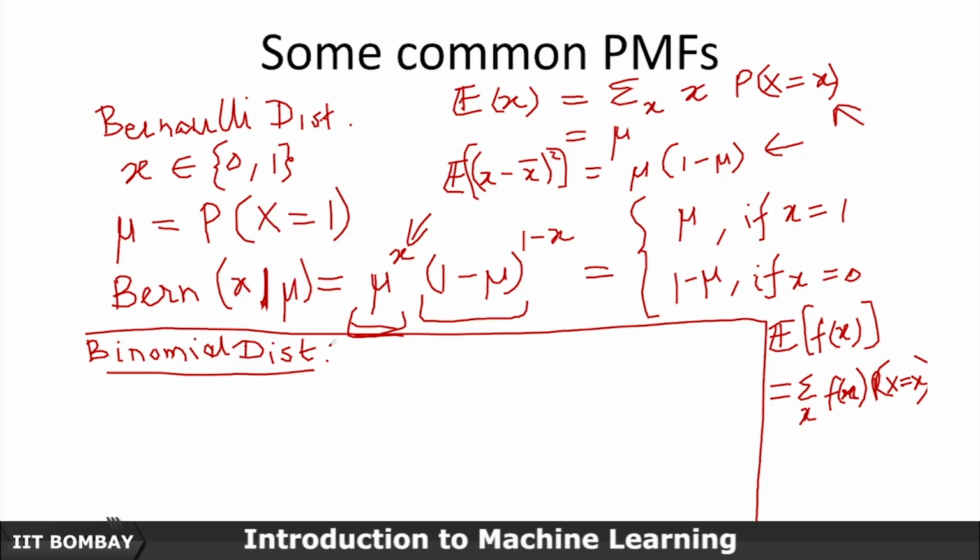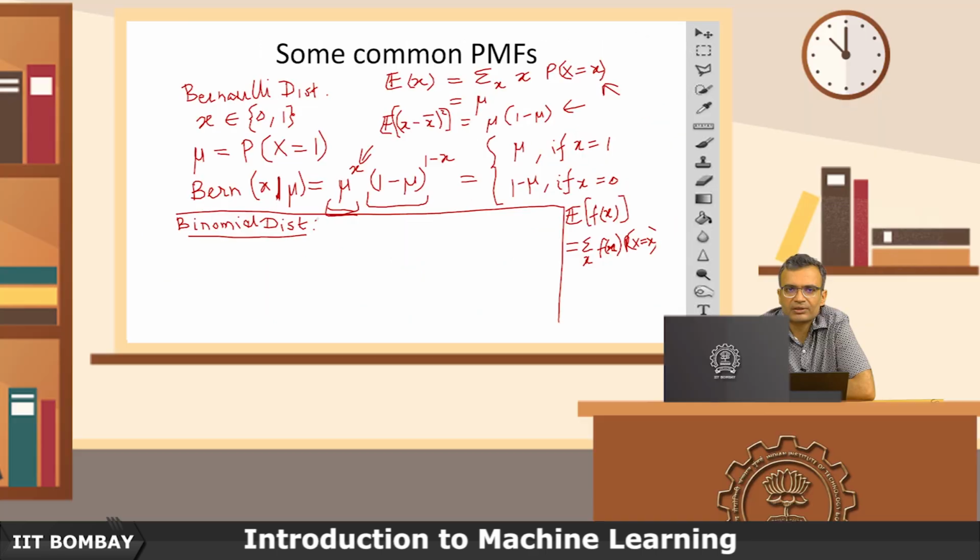Now, let us assume that we do n coin tosses, and out of that we want to see from 0 to n how many times the head comes, and then what is the distribution of that.